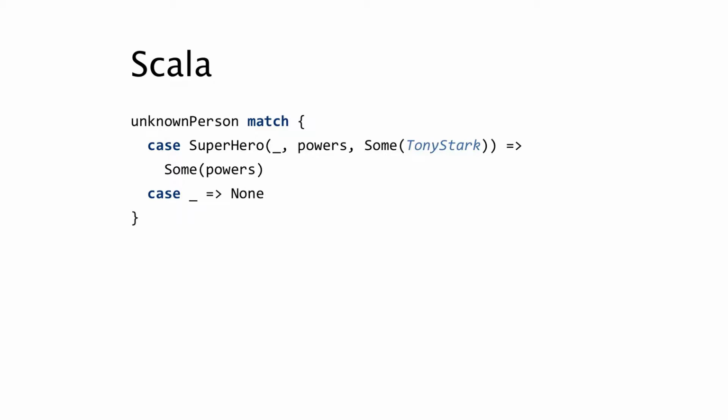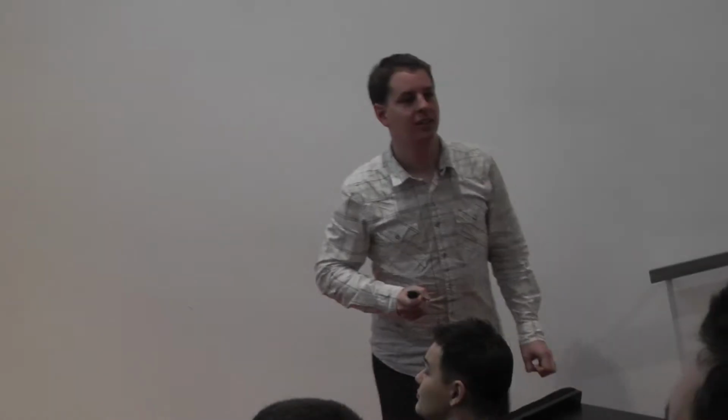You say, if the person looks like this, that is, it is a superhero, we don't really care about its name, give us its powers, and check if the alter ego is Tony Stark. Then get the powers. Otherwise, return none. There are actually 4 types of patterns used, and during the talk we will learn about each of them.